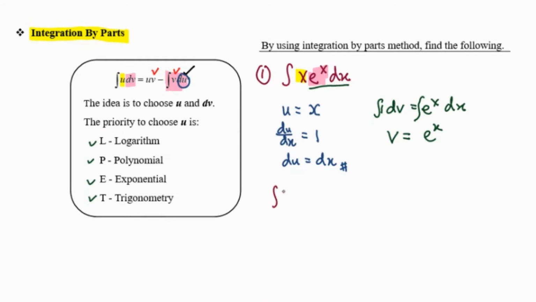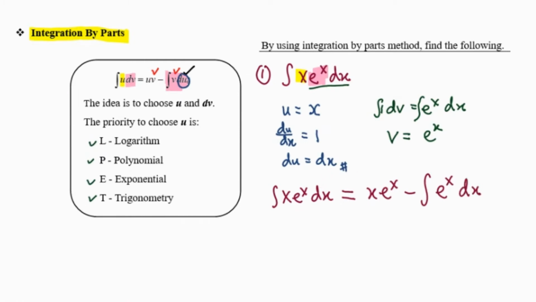Rewrite our question, so that this equals uv, which is x times e^x. So the formula will be uv. So this is our question, equals uv minus the integral of v du, which is dx.